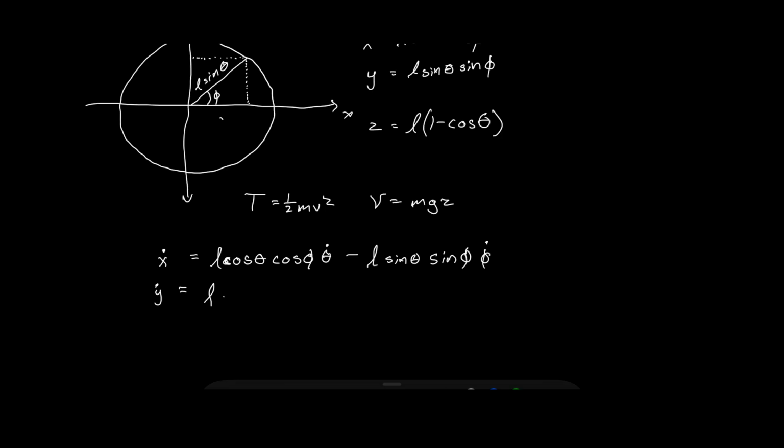Okay. Now our y dot is L cosine theta sine phi theta dot. This time it's plus L sine theta cosine phi phi dot.